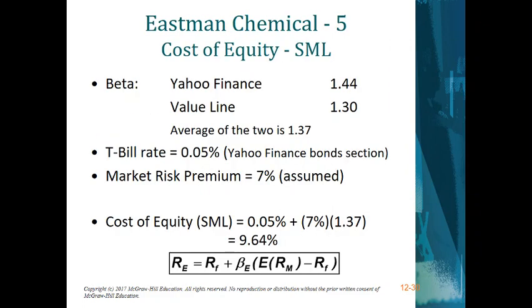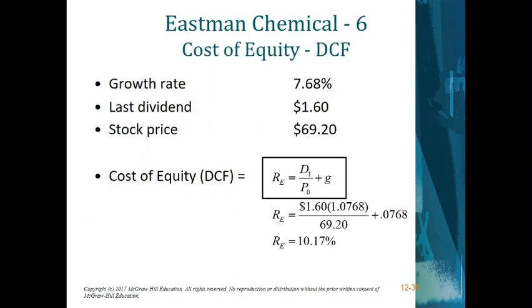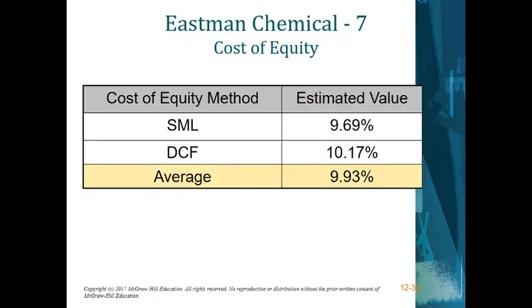So if you compare that with this, it's a little bit higher, but not too much higher. And again, what you could do is you could average the two. Here they take the 9.64, the 10.17, add them together and divide by 2 to come up with 9.93%.